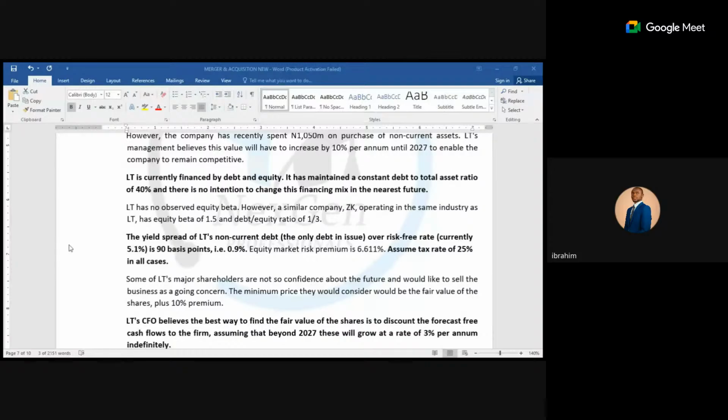The yield spread of the non-current debt, the only debt in issue. When you have yield spread, it is a government bond, it is a government debt. If the bond today is 5%, they've adjusted for credit spread, they've added compensation to it.